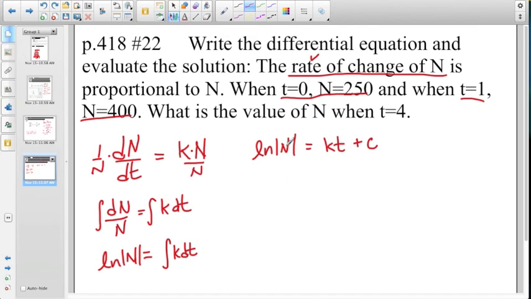And so in order to get a function in terms of n, we're going to have to use our exponential rules here, and that is raise both of these to the exponent e, and then we have n equals e to the kt plus the constant of integration. And if you know your rules of exponents real well, you know that if we have a sum up in the exponent, we can write that as e to the kt times e to the c.